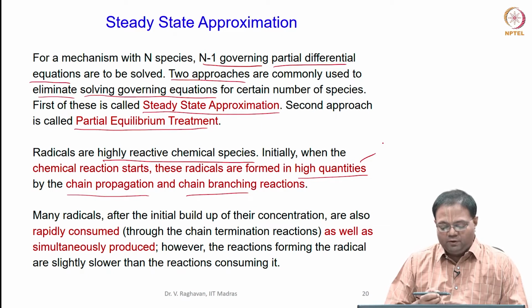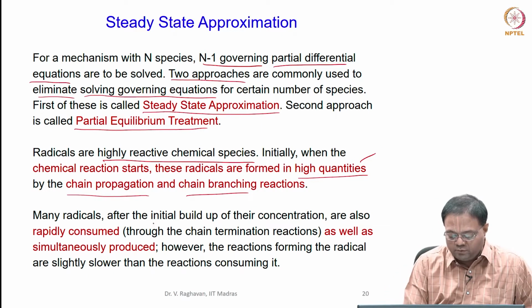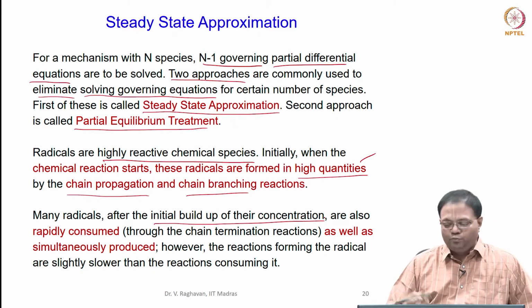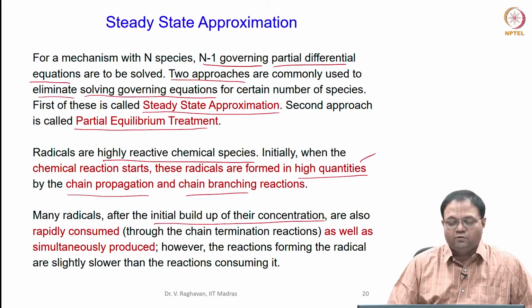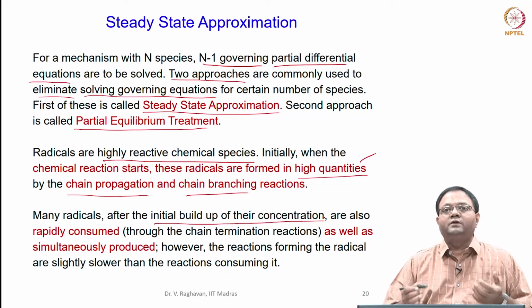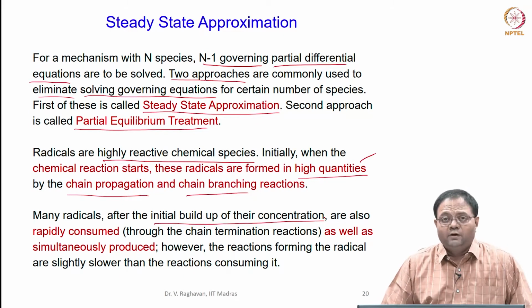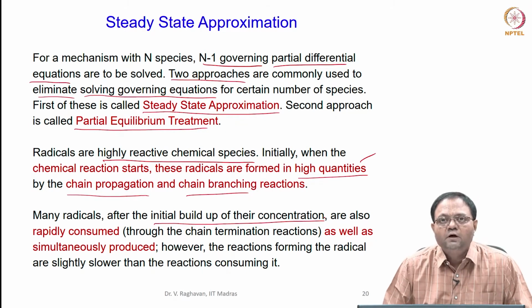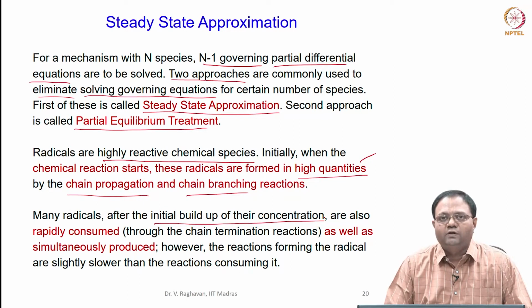Initially, due to massive production, a build-up of concentration will occur. Once the concentration reaches a higher value, the reactions involving its consumption will have a higher rate, obviously because the rate of reaction depends on the concentration of the reactants also.